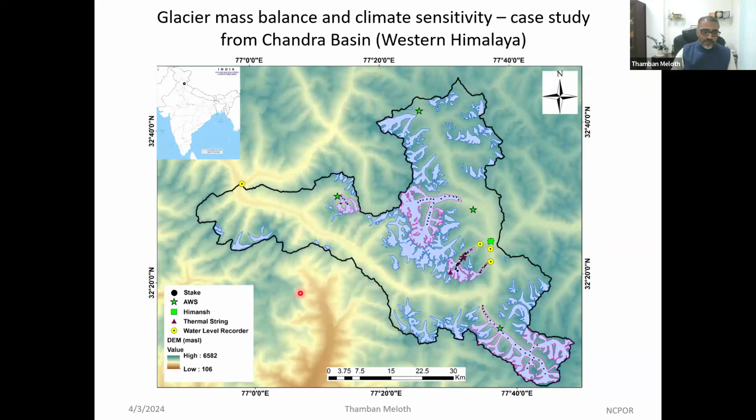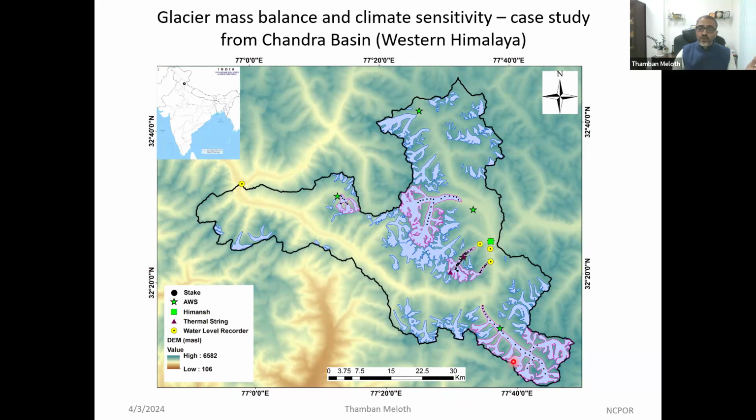The Chandra Basin itself is nearly 2,500 square kilometers, quite a large sub-basin, having a large number of glaciers, including a very large glacier like Bara Shigri, which is nearly 130 square kilometers in area.